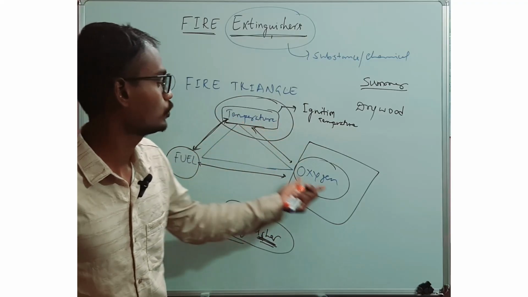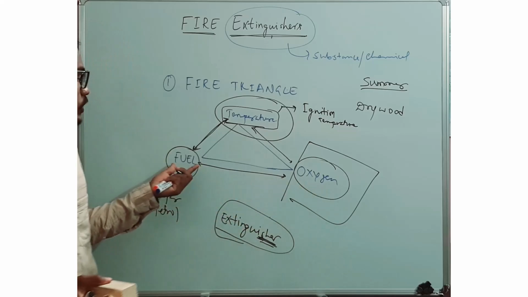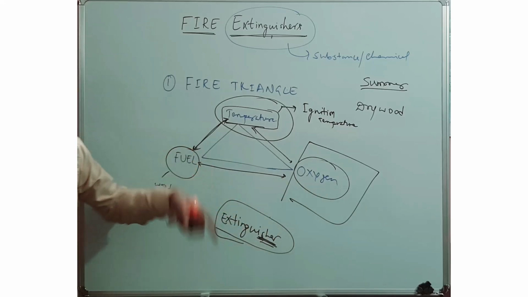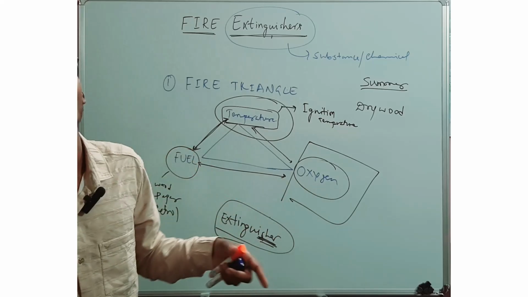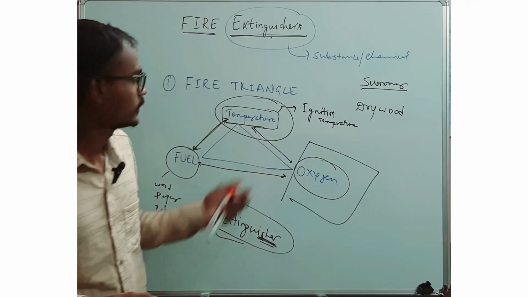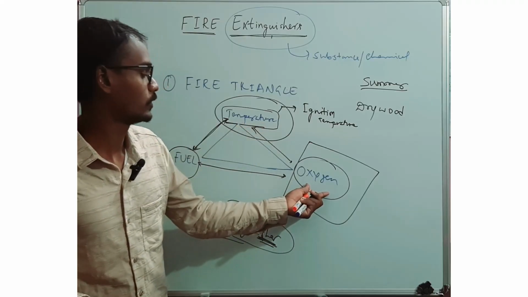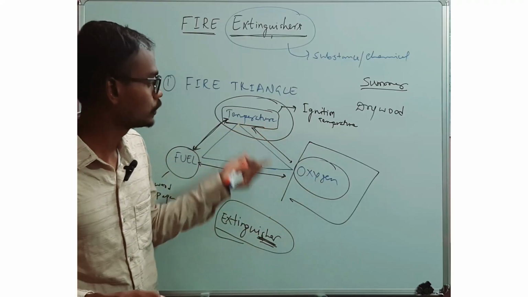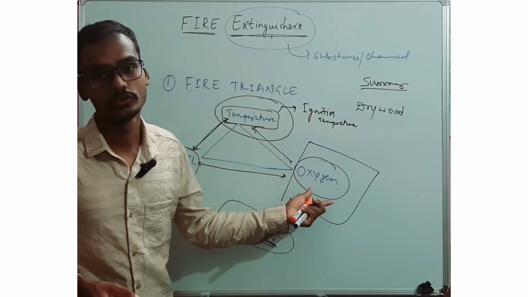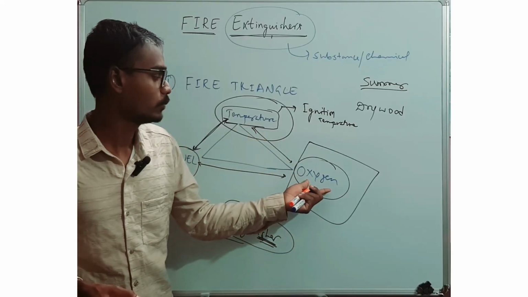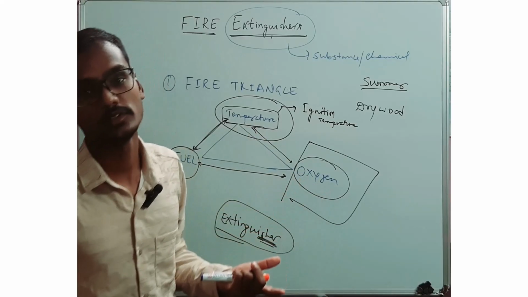Most of the time they do these things because they can't remove the fuel, because the fuel itself is on fire. How can they remove it, right? It is very difficult. They do the elimination of these two. If we remove the oxygen, the fire will douse.